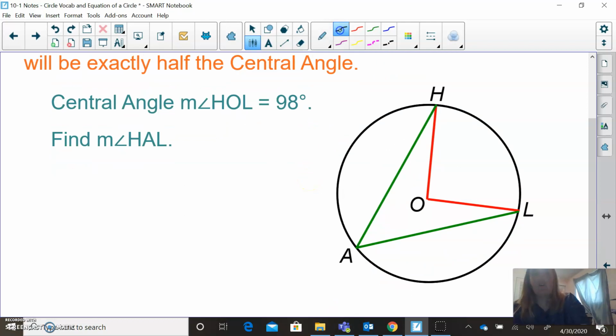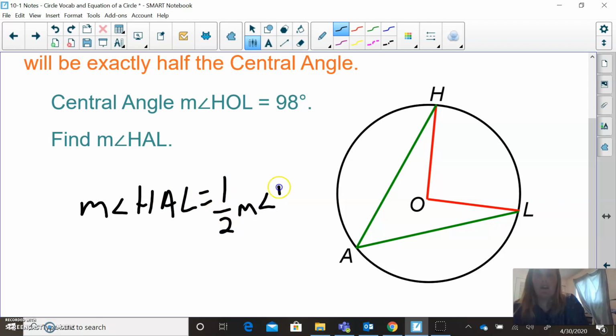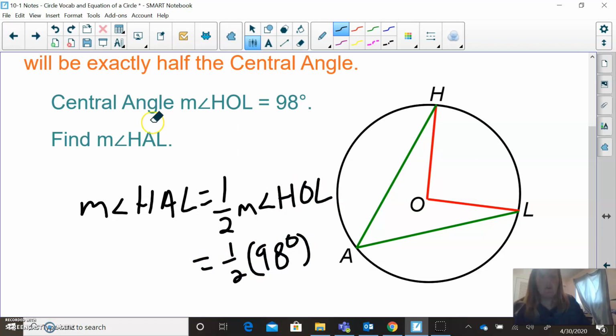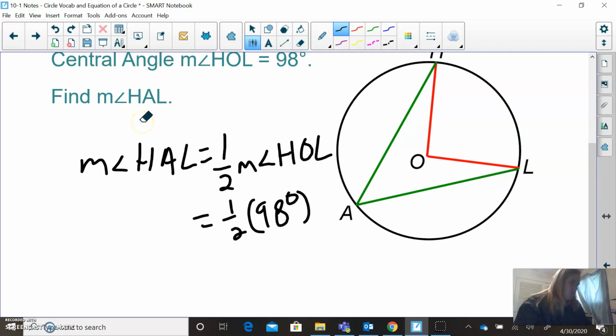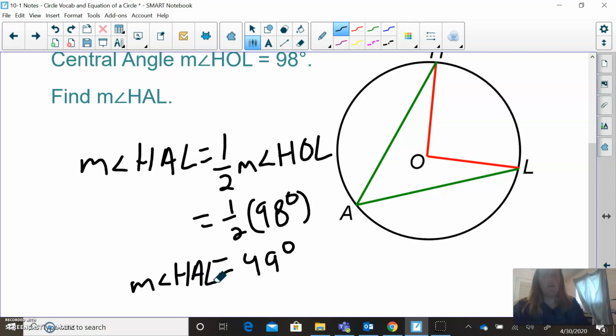So the measure of angle HAL is equal to 1/2 the measure of angle HOL, and that is equal to 1/2 of 98, which is equal to 49. So the measure of angle HAL is 49 degrees.